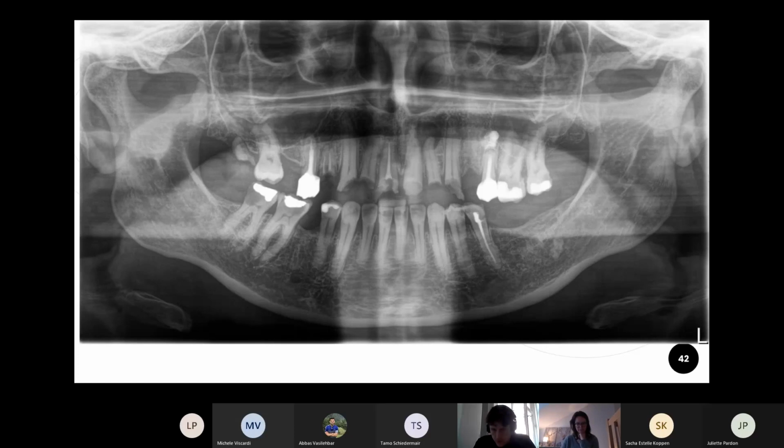Then in the lower jaw, everything is extracted till number 5, which is endo treated. The endo treatment looks okay. It doesn't go completely to the apex, but there's no inflammation in the area. Also, it has some caries, mesially and distally. Same with number 4, distally has caries.